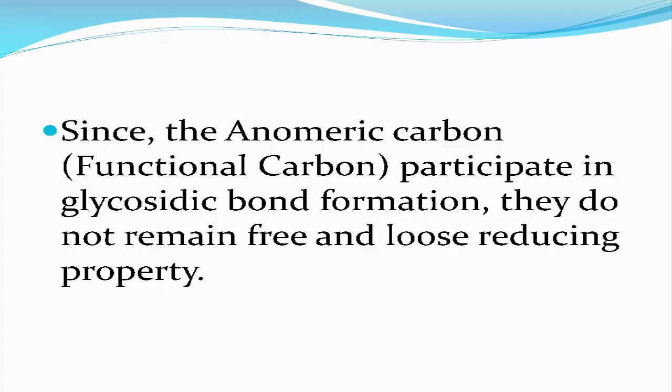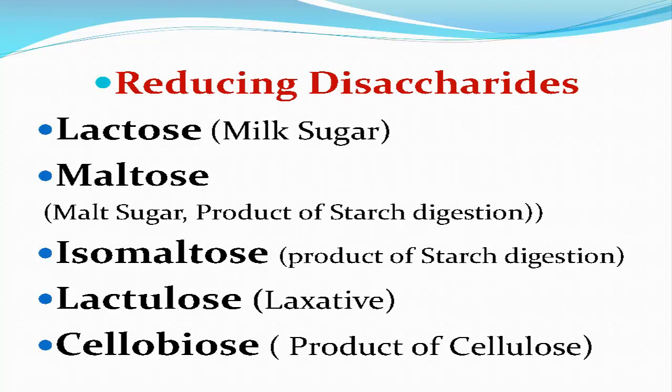As the anomeric or functional carbon participates in the glycosidic bond formation, it will no longer be free, and the reducing property was due to that group, so it will lose its reducing property. So the monosaccharide OH group that is involved in the glycosidic bond formation is no longer available for the reducing property. Accordingly, disaccharides can be reducing or non-reducing.